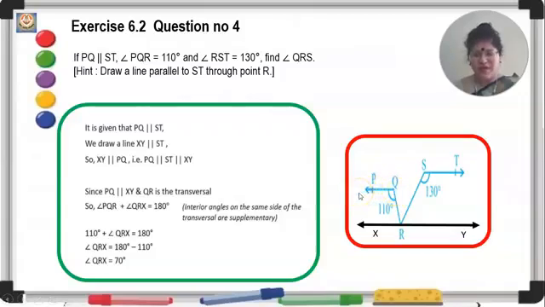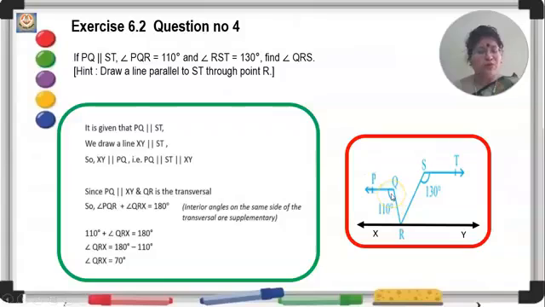QP, which is a ray, is parallel to line XY and QR is the transversal. So these two angles, that is RQP and QRX, don't they become interior pair of angles? So these two angles will be supplementary.